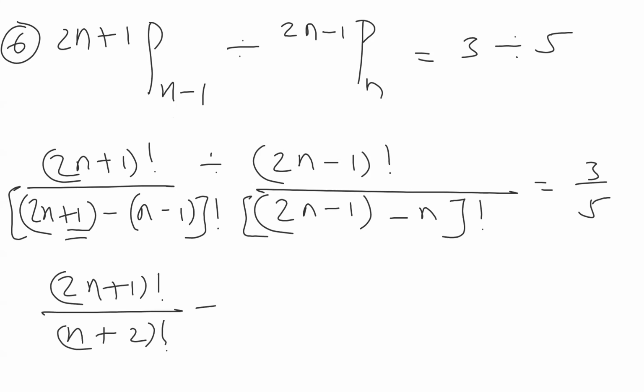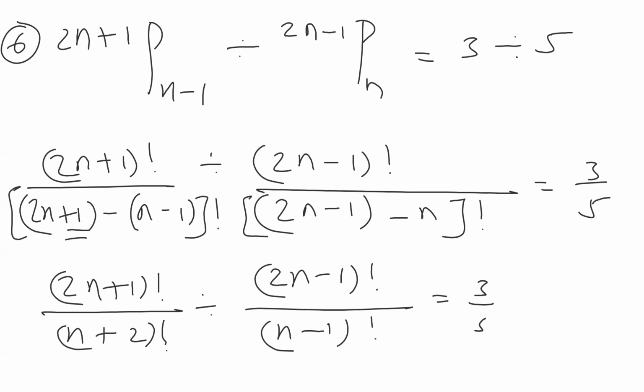Okay, division 2n minus 1 factorial. 2n minus n is n, and this minus 1 factorial, which is equal to 3 by 5.